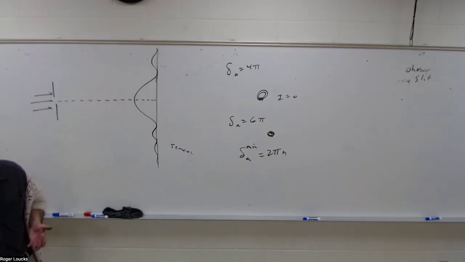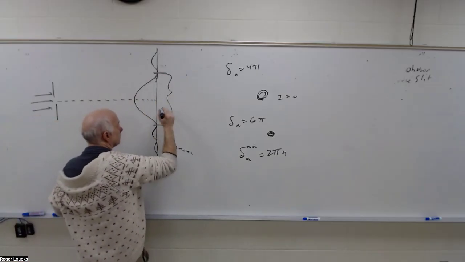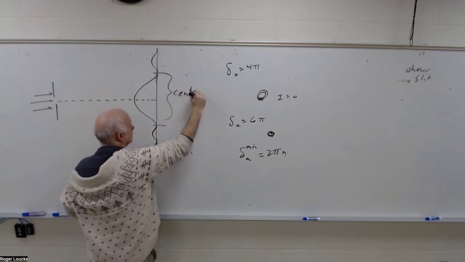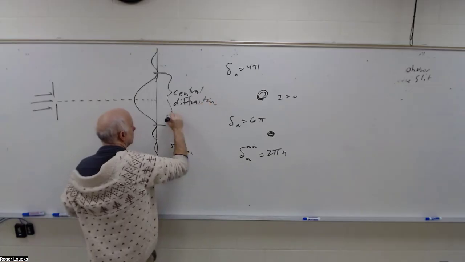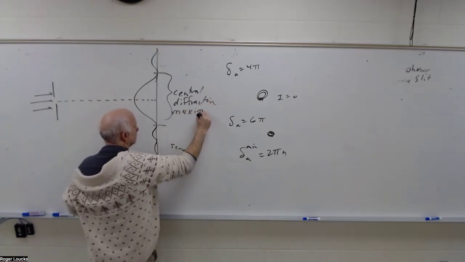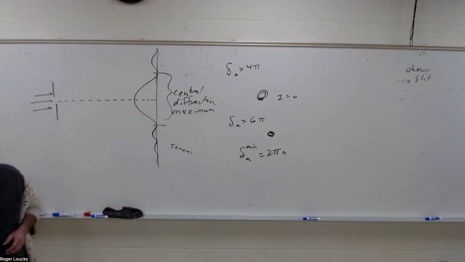Okay, we want to figure out what that looks like. This region here is given a fancy name. This is called your central maximum. We want to figure out what that looks like.